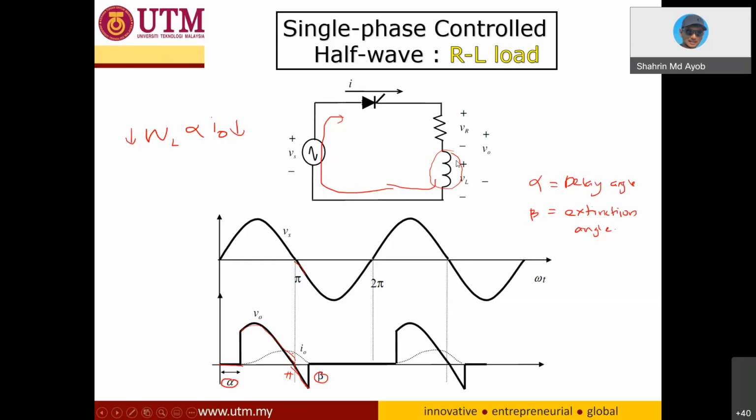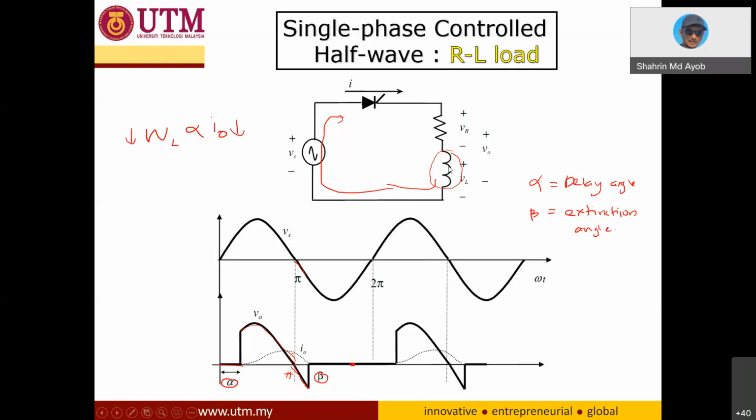If the inductor is very big, the location of beta might be far away, maybe at this point, where it will fully discharge. If the inductor size is small, then your beta will be very near to the pi.